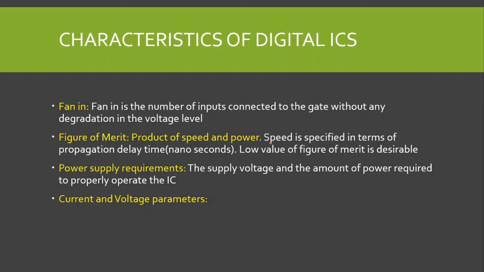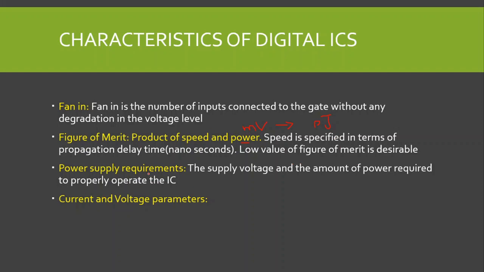We studied that speed is specified in terms of propagation delay, and the unit of the propagation delay was nanoseconds, and power is expressed in milliwatts. So the product of nanosecond and milliwatt comes out to be the picojoule. So the unit of this figure of merit is going to be the picojoule. And the lower the value of figure of merit, the better it is. So a low value of figure of merit is desirable.